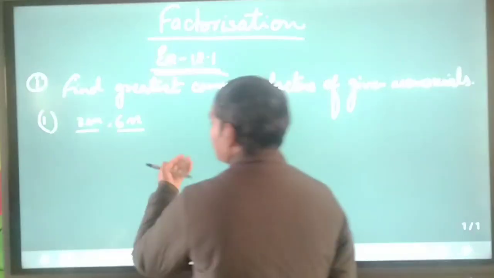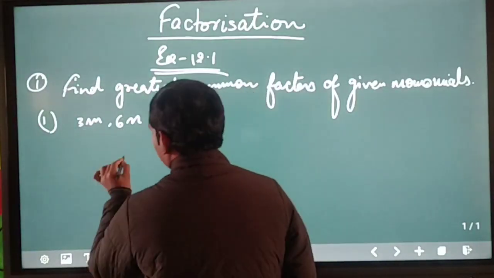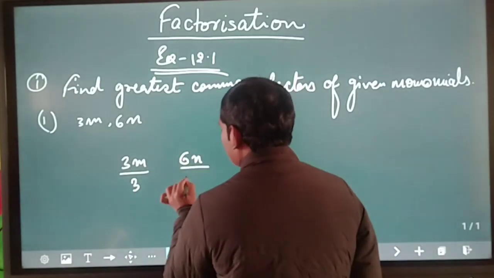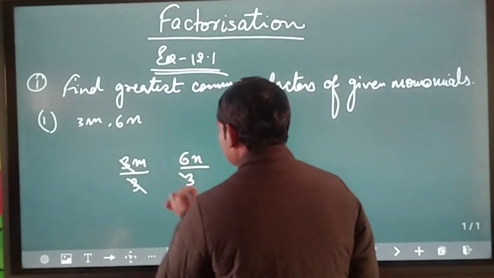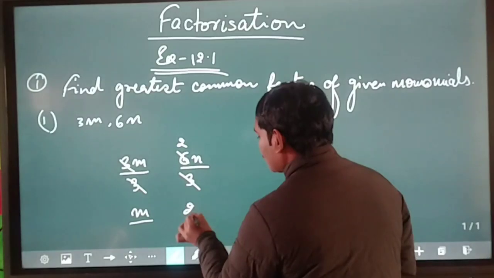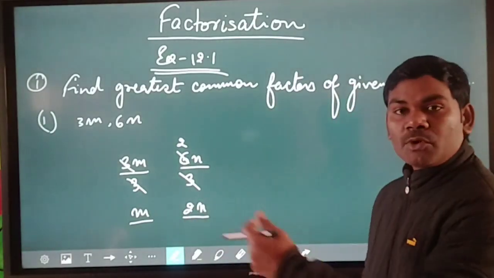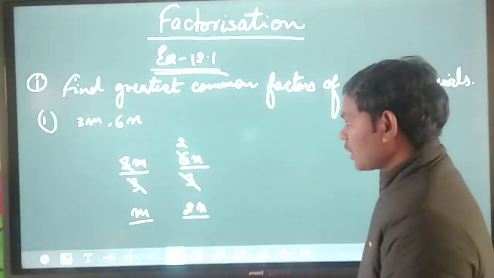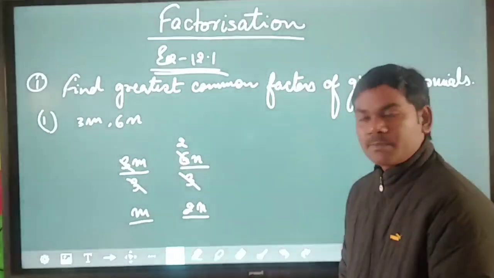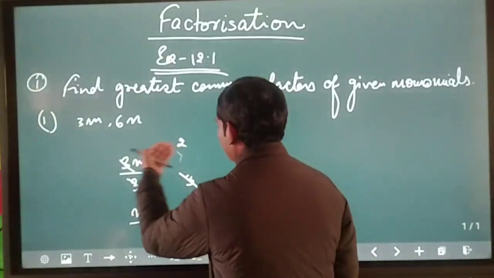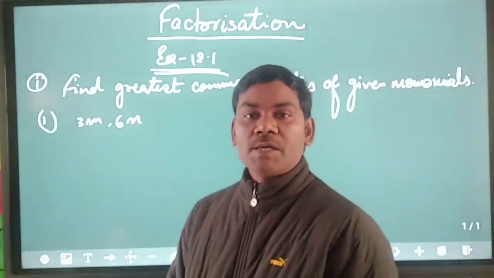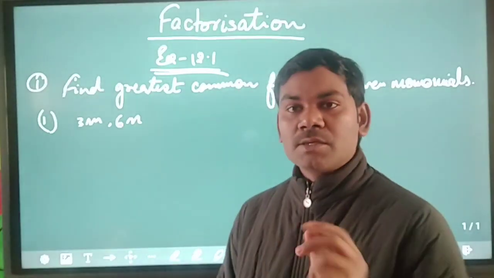If we divide 3m by 3 and 6n by 3, we get m as a quotient and 2n as a quotient, and in both cases the remainder is 0, so we can say that 3 is the greatest common factor.